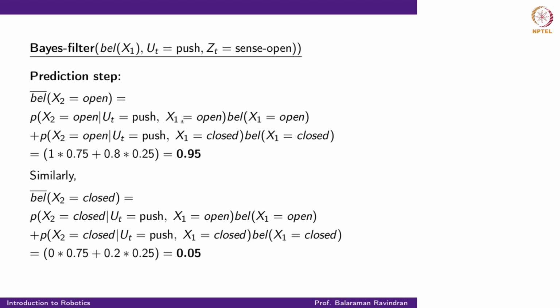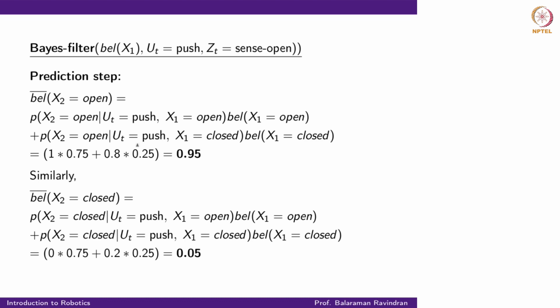So what do I do now? I start off with x1 equal to open, and then my action was push. I look at the probability that x2 would be open, given that I started off with open and I pushed. We know that if you push when you start off with open, with probability 1 you will stay open. That is what our model was earlier. The next component is I start off with closed. Now I push. What is the probability that it will be open?